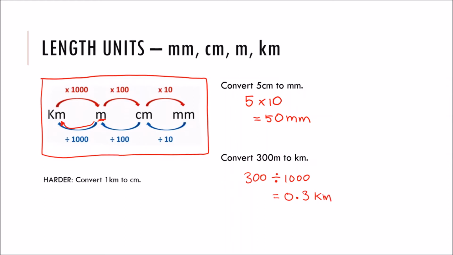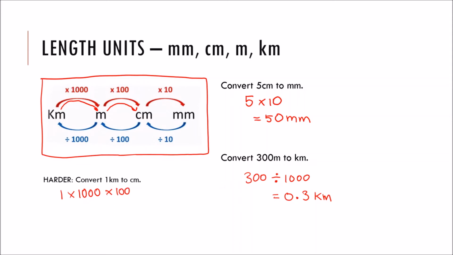A little bit of a harder one is if I'm starting in kilometers and I want to get to centimeters. Well, I need to go to meters, and then I need to go from meters to centimeters straight after. So I'm going to start on 1, but the very first thing I need to do is times by 1,000, and that'll take me to meters. But then after that, I need a times by 100, so I go to centimeters.